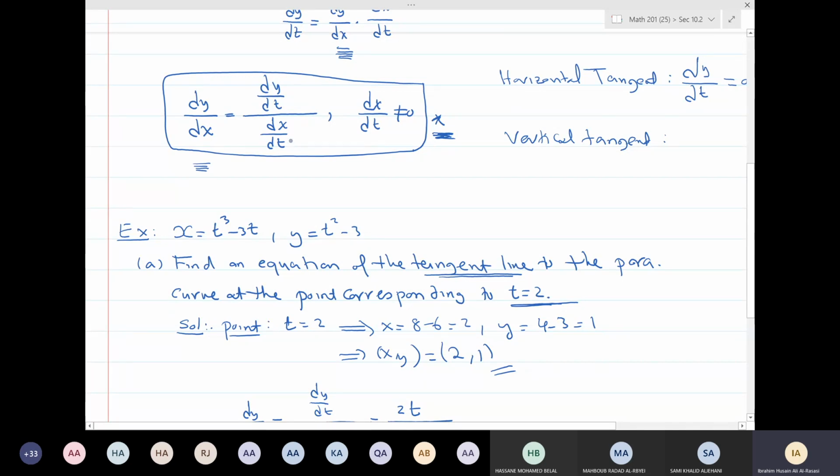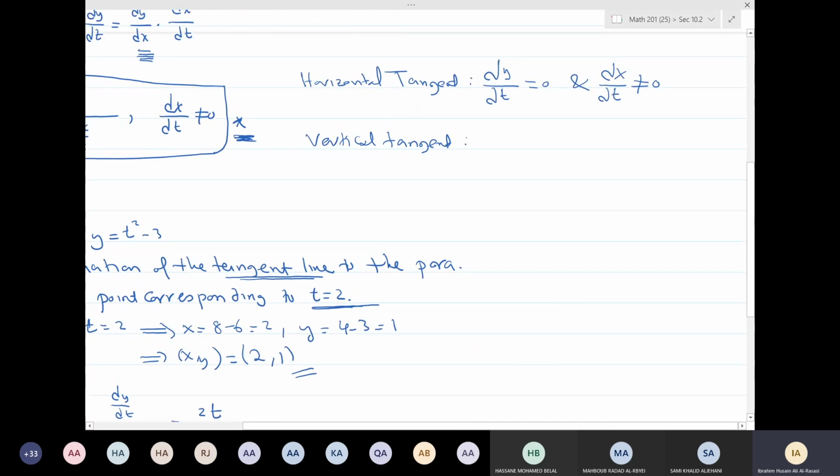This will be undefined if the denominator is 0 but the numerator is not 0, so you have a number over 0, and it becomes undefined or infinite. So here we have dx/dt equal to 0 and dy/dt not equal to 0.